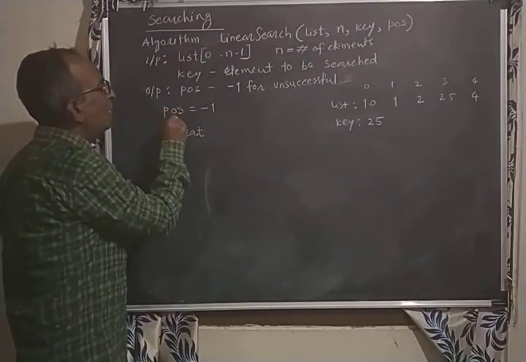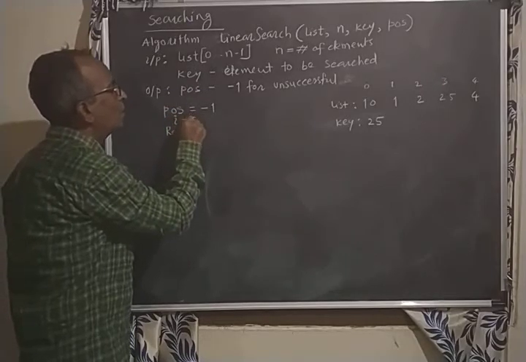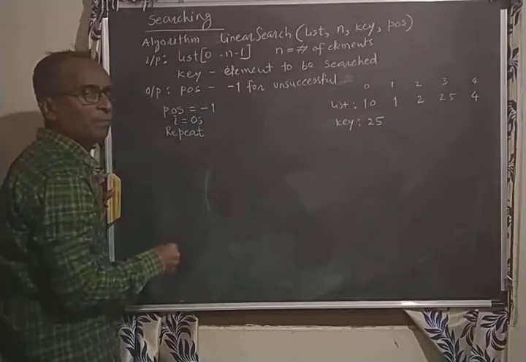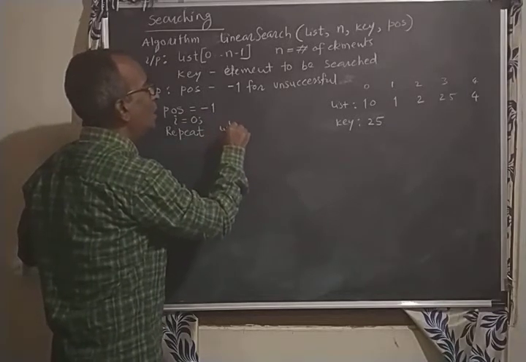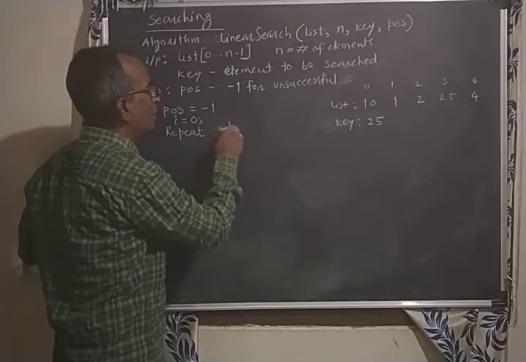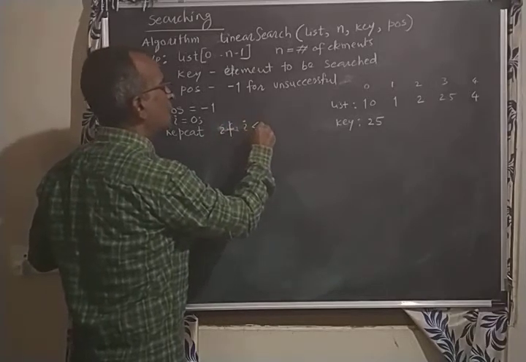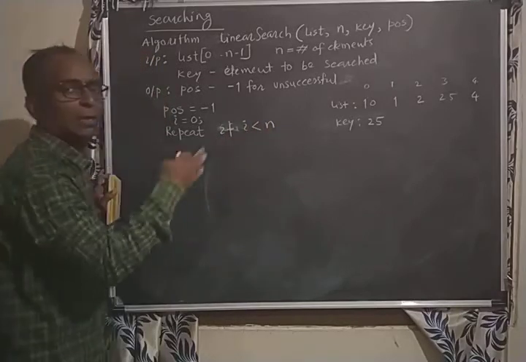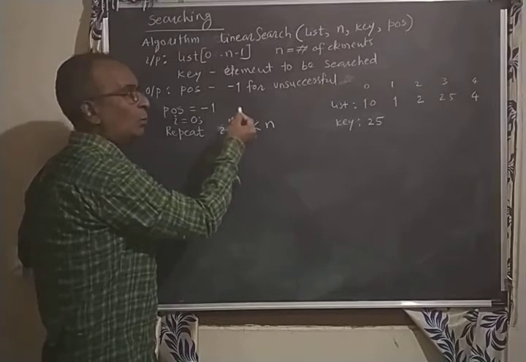So we'll take one variable i and give its initial value as 0. Repeat while i is less than n, for all the elements, 0th, first, second, third, fourth, it will go on.